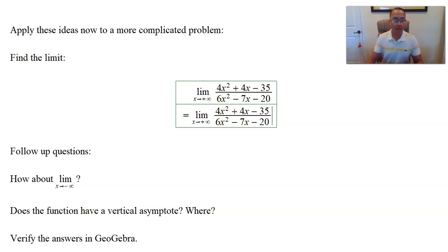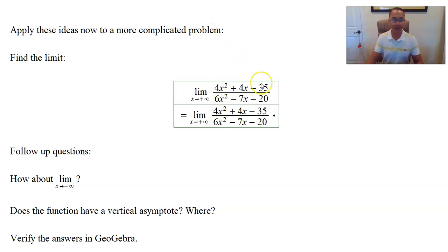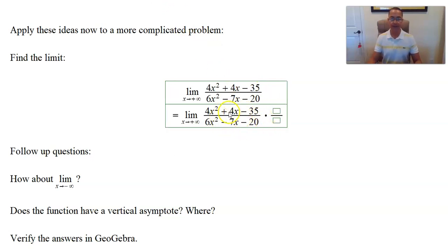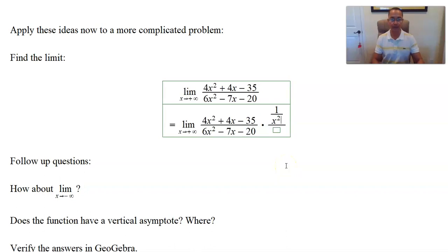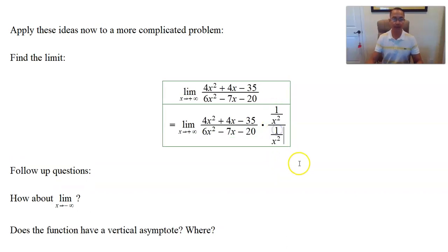So what we're going to do is be very clever. We are going to multiply and divide the function by the highest power, which is x squared. We will turn it into 1 over x squared. Multiply by 1 over x squared and divide by 1 over x squared.